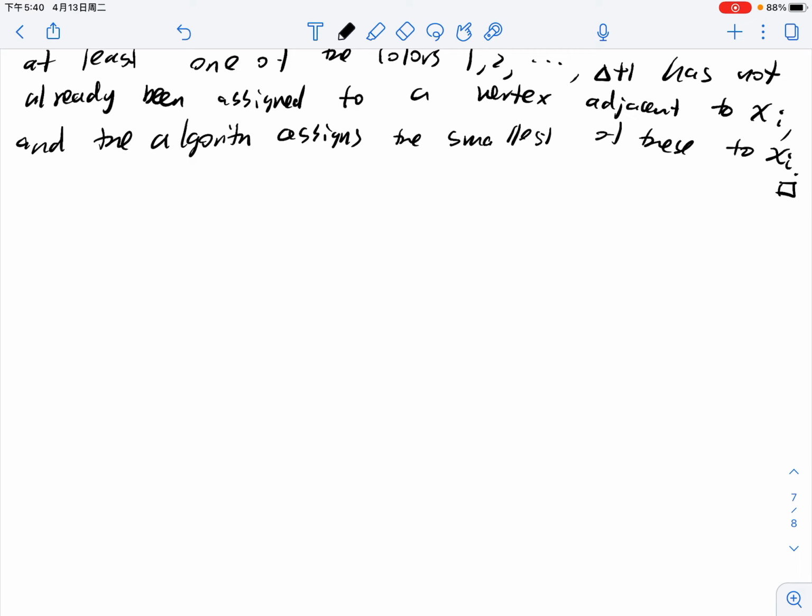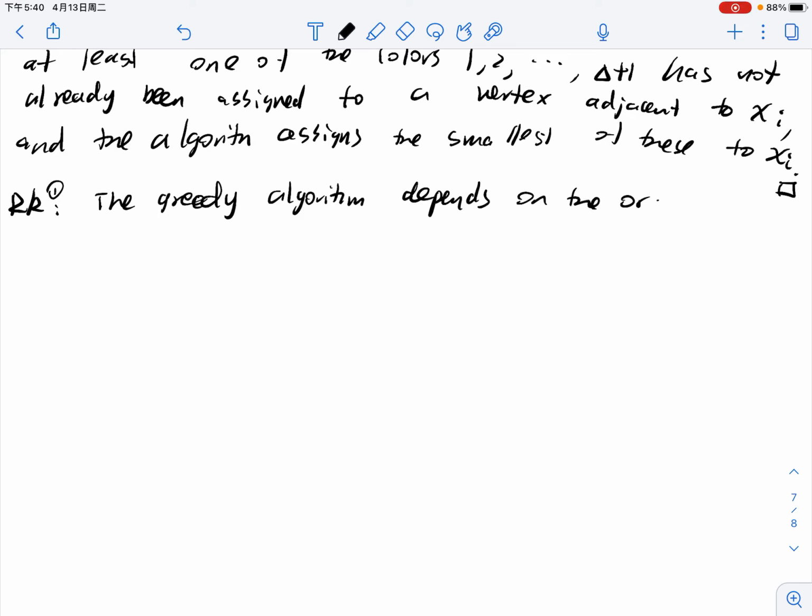Okay, we're done with the theorem, and here we can make two remarks. The first remark is that the greedy algorithm depends on the order in which the vertices are listed.